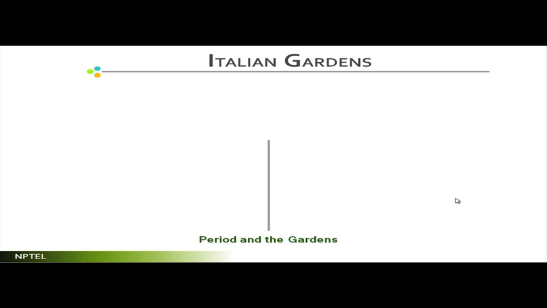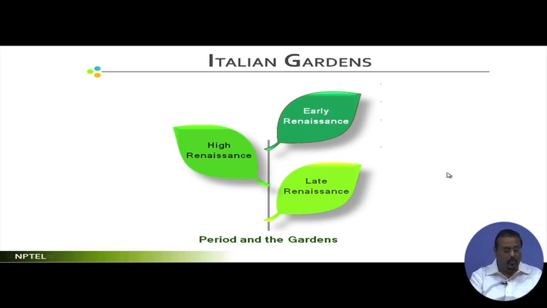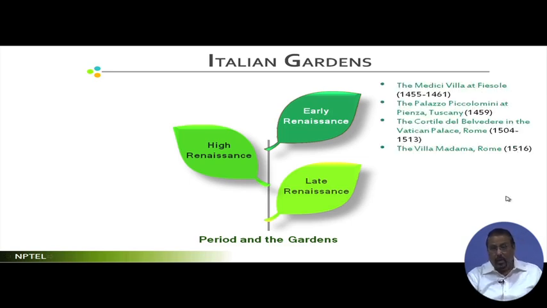The Italian garden styles that grew over a period, as identified in history, are the early Renaissance period, then the high Renaissance period when the Renaissance became supreme, and then the late Renaissance period, gradually declining. The examples I have just cited here, I am keeping the slides a few seconds so that you can see this.